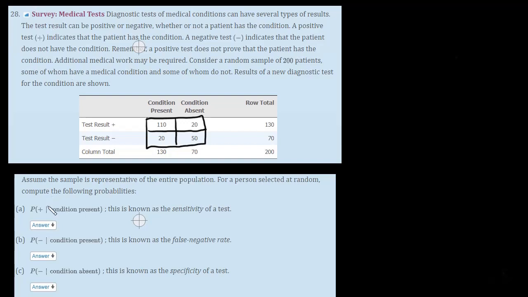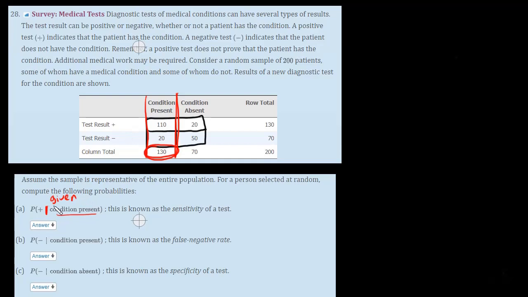So this bar here means given. And what that means is that basically whatever's on the other side of this given, this is where we are. We live in the land of condition present. So we are only looking at this column right here. Forget about everything else. Okay? This is our total number of people. All right? Because it's given that you are in this land of condition present.